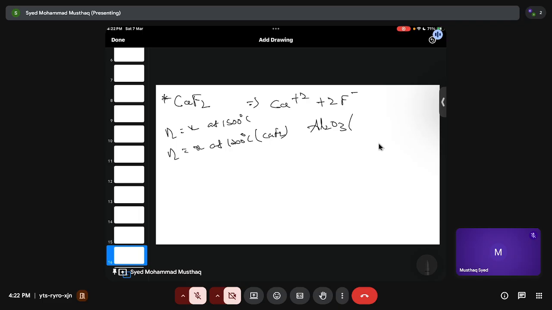In basic slags, it will increase your viscosity. In acidic slags, it will freely give you 2 oxygen ions.